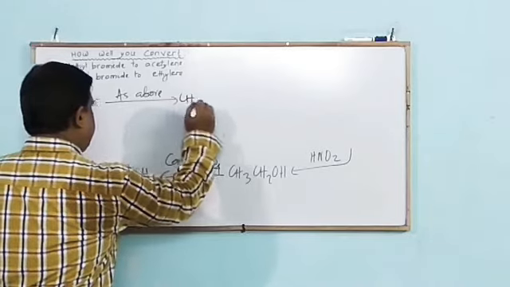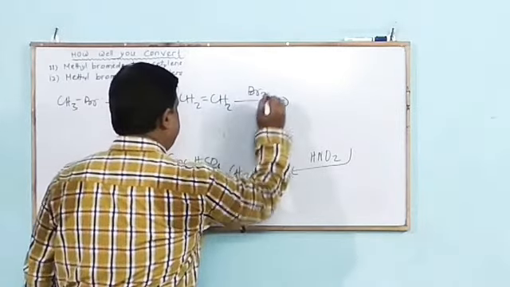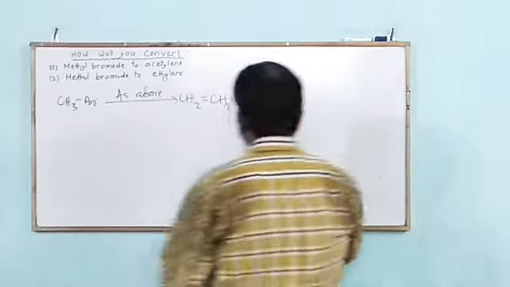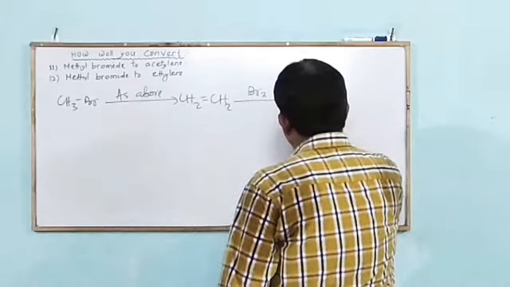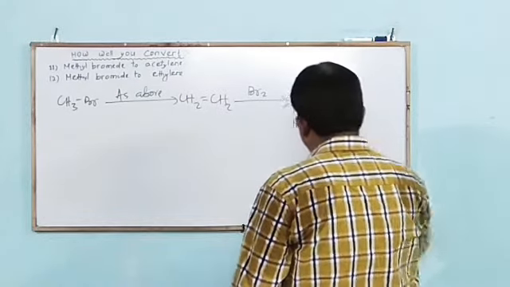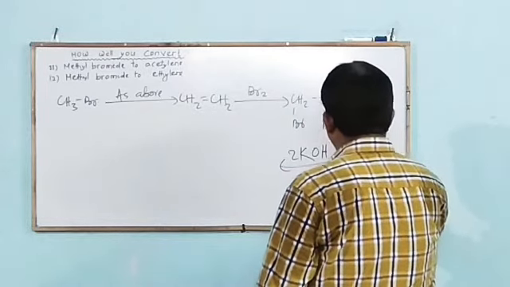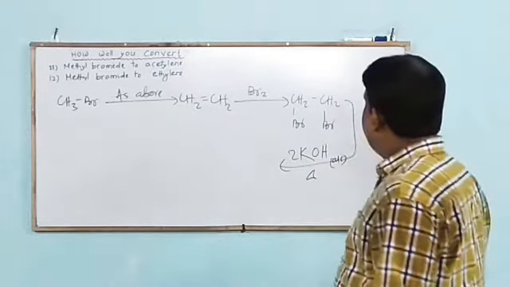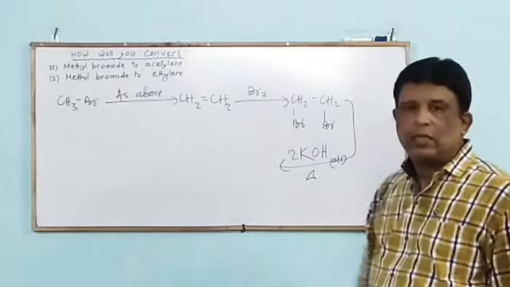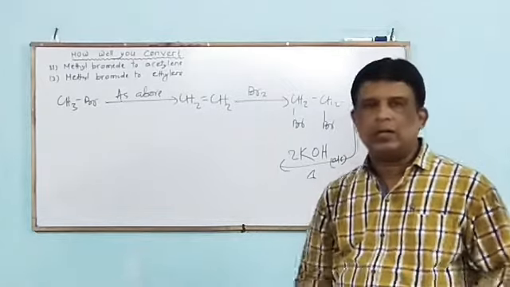We move to ethylene, which reacts with bromine to form 1,2-dibromoethane. When a dihaloalkane is heated with alcoholic potash, it undergoes dehydrohalogenation.